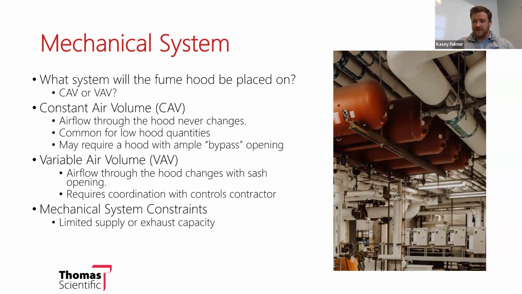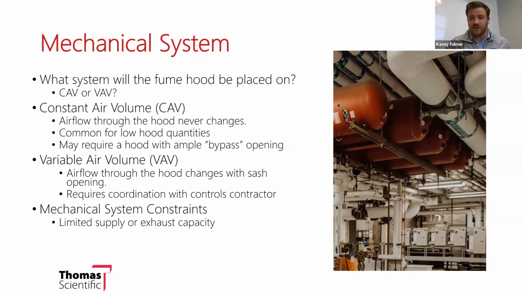But at the same time, even if you have that capacity on the exhaust side, whenever you take air out of the lab, you need to then supply it back to the lab. So making sure that your supply air, your makeup air system, can then accommodate that increase of exhaust to replenish that lab is also important.